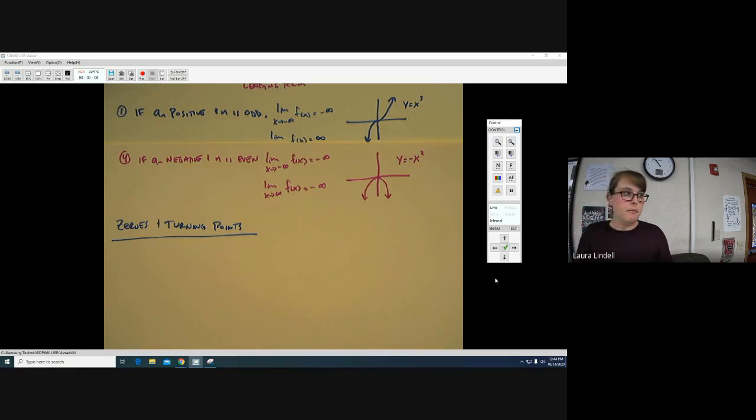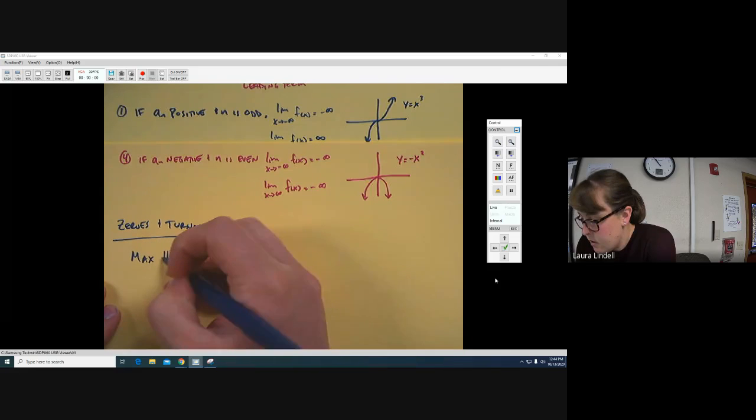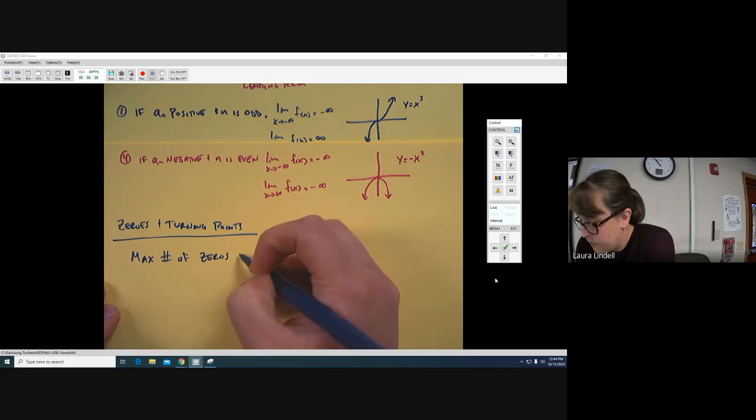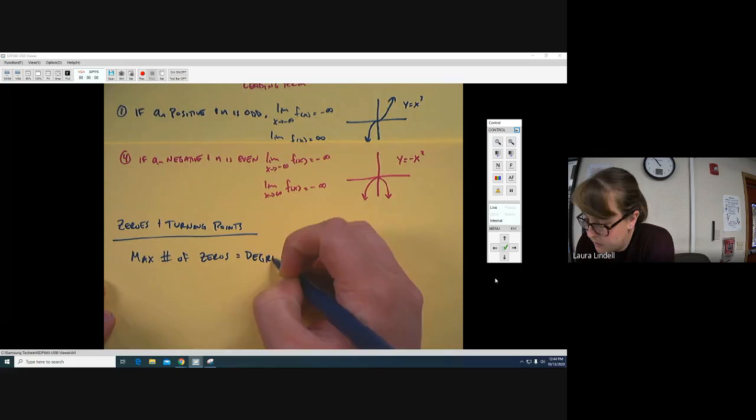Remember, zeros are when the function crosses the x-axis. So the maximum number of zeros for a polynomial is equal to the degree of the polynomial.